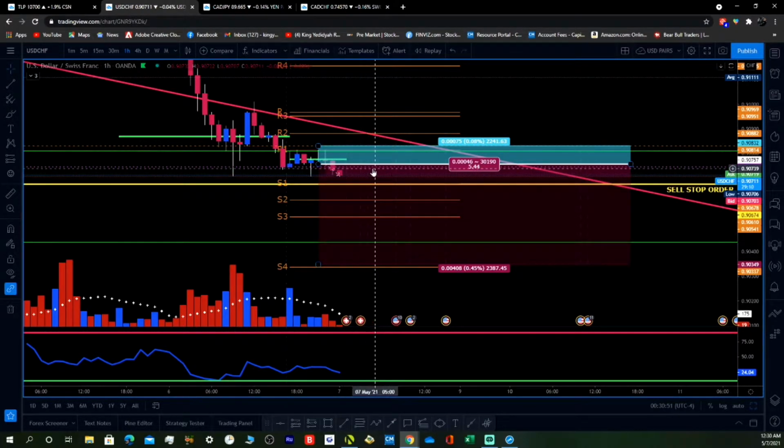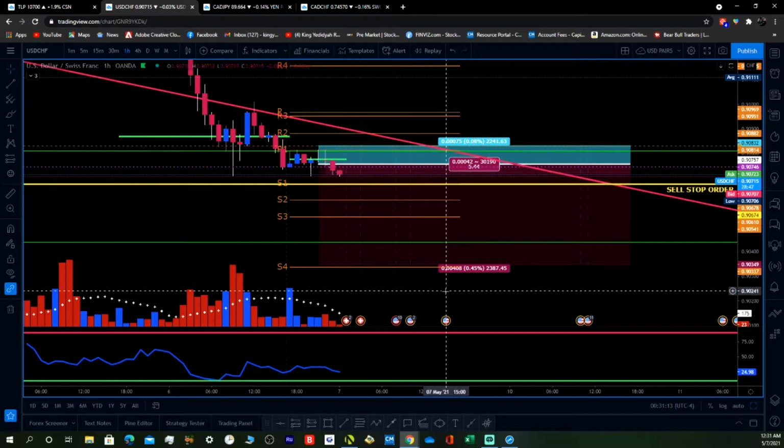I think 20 pips is the stop loss set on that. Let me look at those numbers, see if I'm right. So the entry price on that sell order is 0.90674, and the stop loss is 0.90814. Yeah.